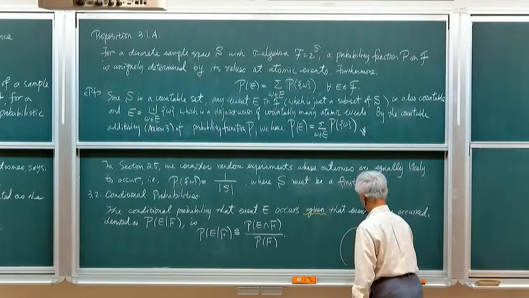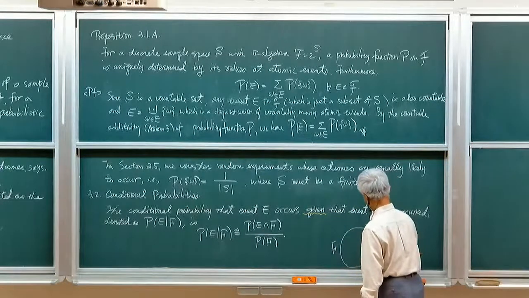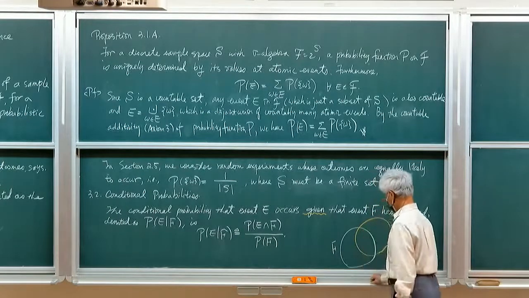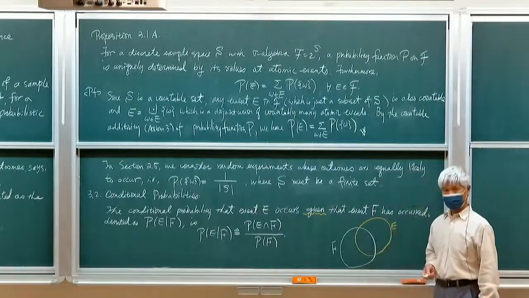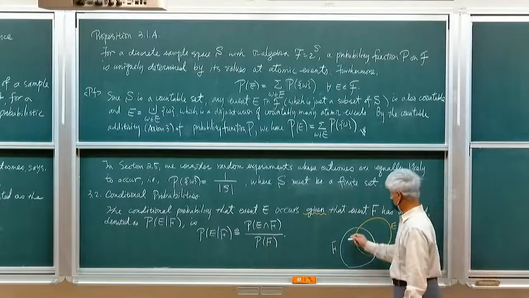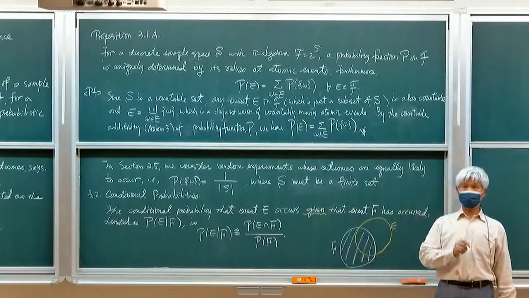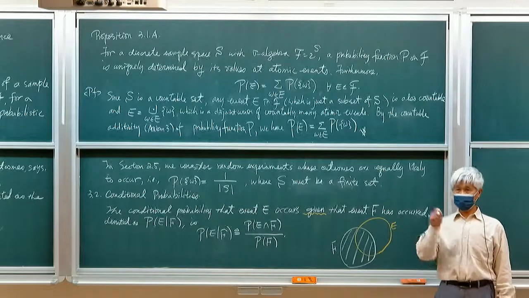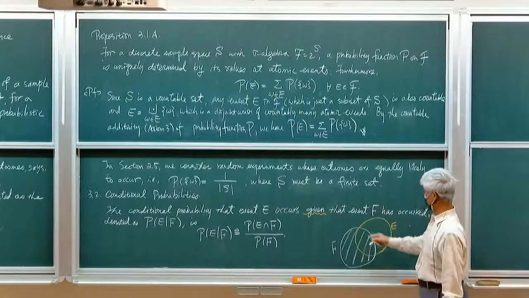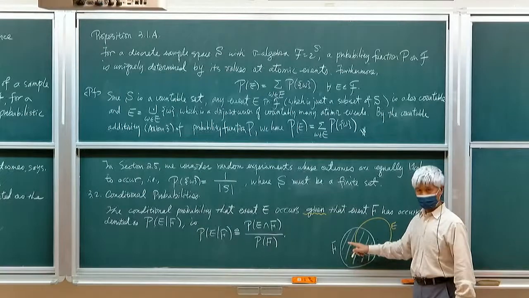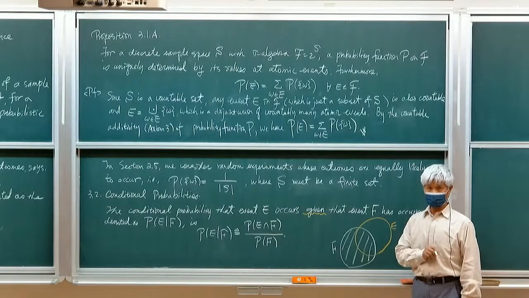In the Venn diagram, this is F, and this is E. Given that event F has occurred means that one of the outcomes in this set F appears as a result of the random experiment.